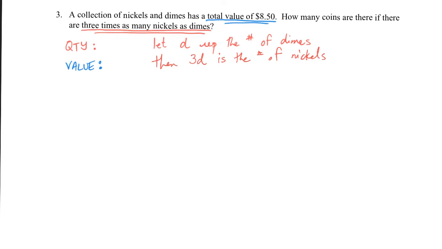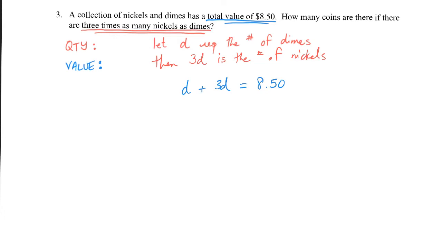I've been told that those nickels and dimes have a total value of $8.50. First off, this is your number one mistake, and I just want you guys to see it. If I wrote this down, dimes plus nickels equals $8.50, I hope that you guys can see that that blue equation is horribly wrong.